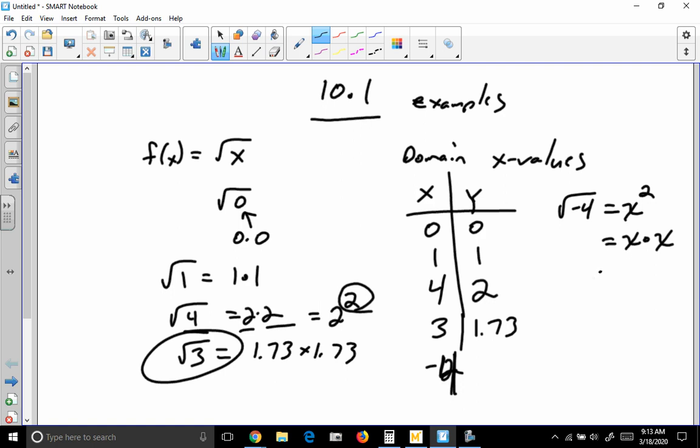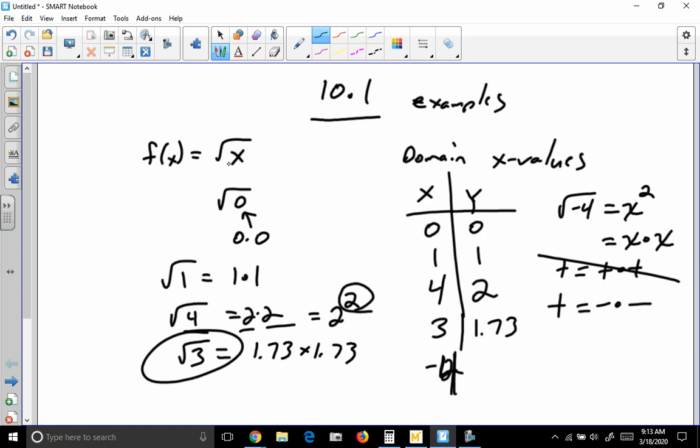Well, if x is a positive number, when we do a positive times a positive, that makes a positive, so that's not going to work. If x is a negative number, a negative times a negative is positive, so that's not going to work either. So negative numbers don't have a square root, at least not a real number square root.